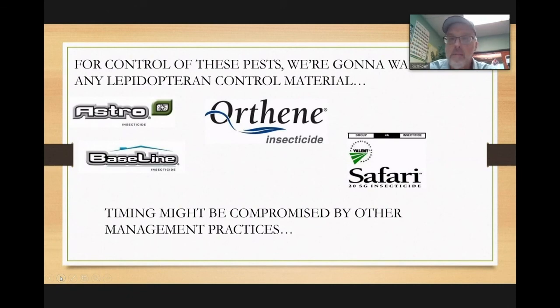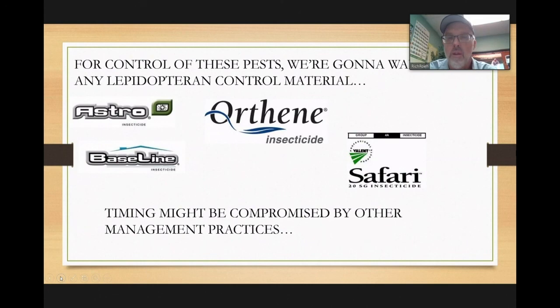The spraying might be compromised if you're going to come in and mow the grass the next day, and that's always the hardest thing. Orthene is an old carbamate chemistry. Acephate is its active ingredient, and it's a different, unique mode of action than either of the other two, but it's also going to give a pretty good knockdown.